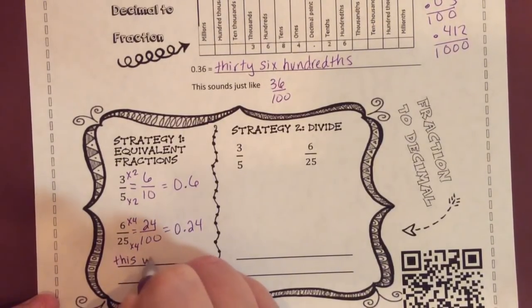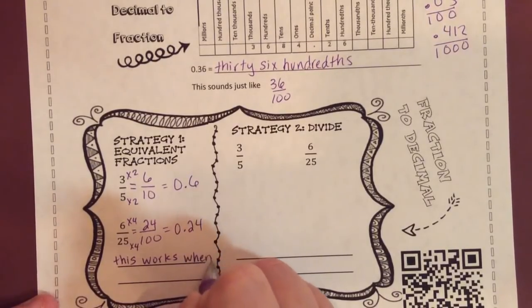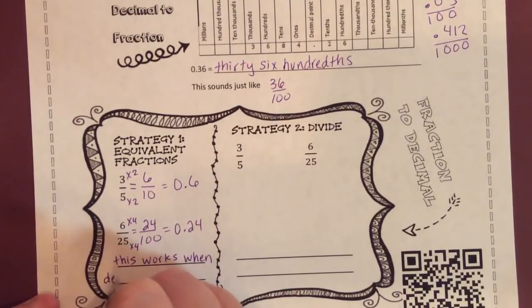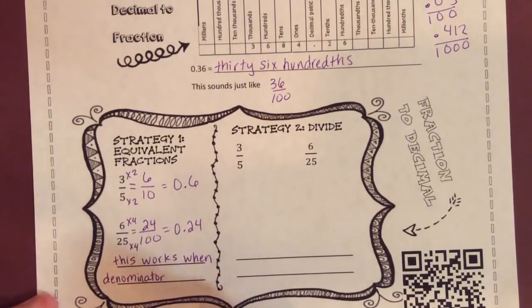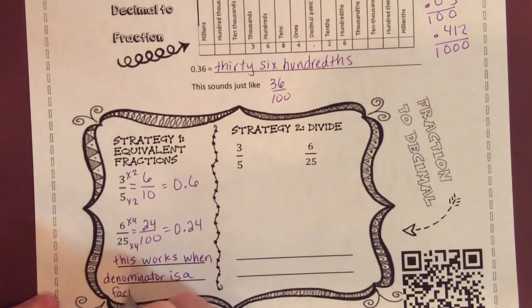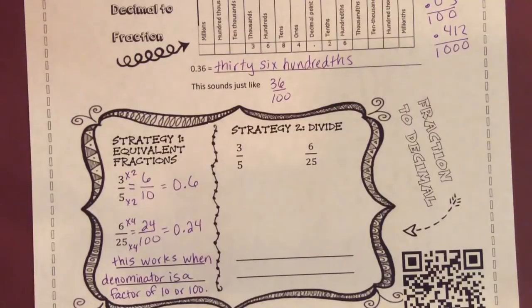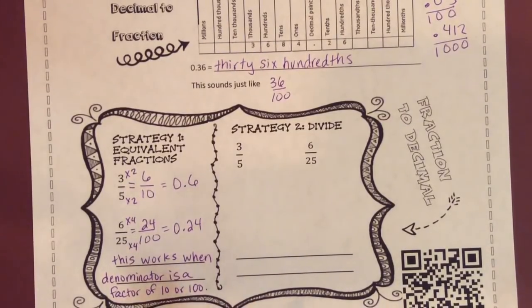So this works, write this down, when the denominator is a factor of 10 or 100. Now I'm writing pretty quickly here so your video is not too long, but remember you can pause your video anytime to write this down or listen to it again, okay?